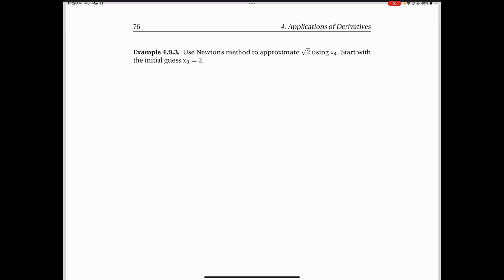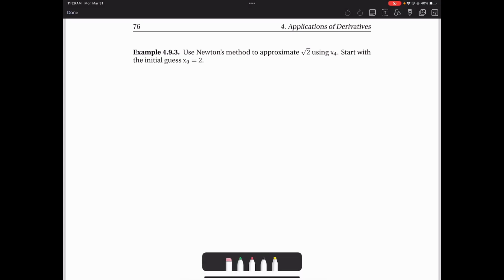It's like the equation of the root of x, and then x of 0 is 2. Because you're thinking, let my function equal the square root of x. But my problem with letting my function equal the square root of x is, remember, Newton's method is all about finding where the function equals 0. Where is the square root of x equal to 0? It's just 0. So Newton's method won't help me find the square root of 2 if I let my function just equal the square root of x.